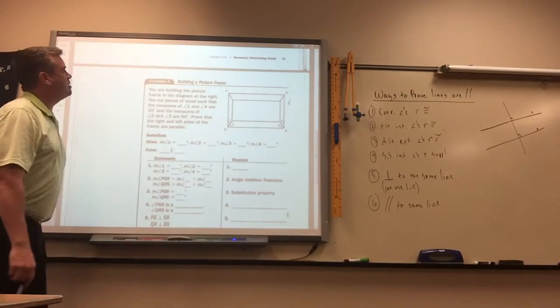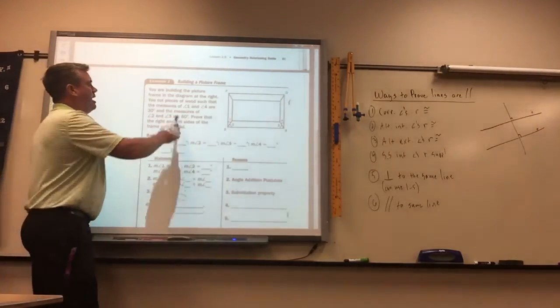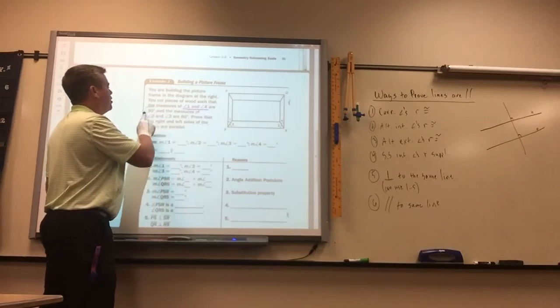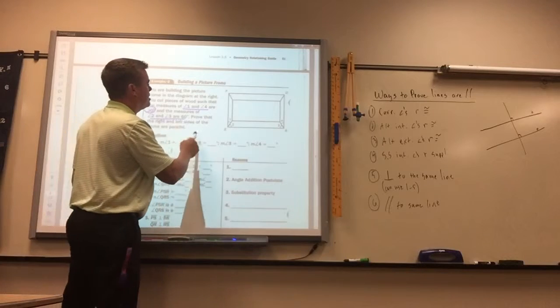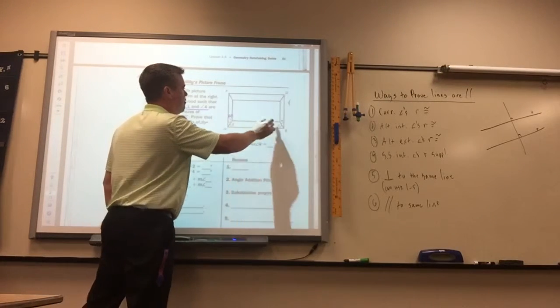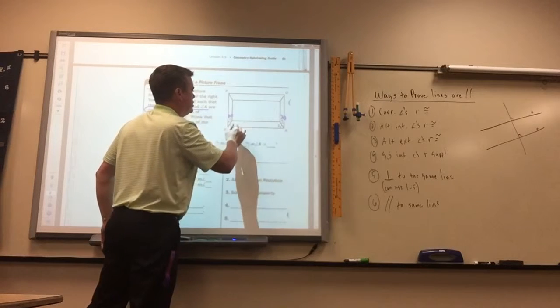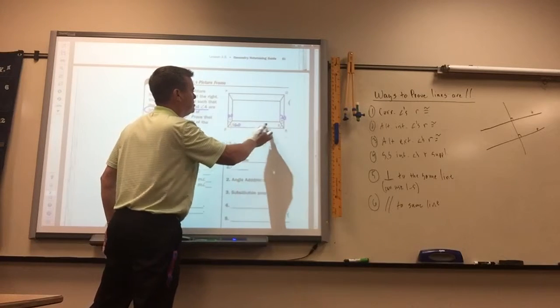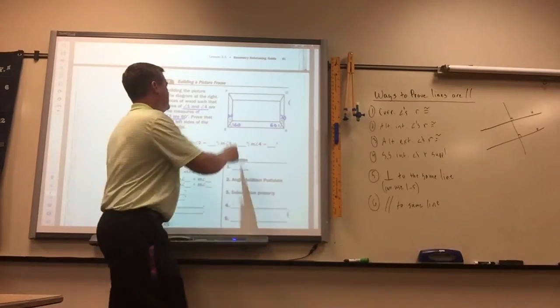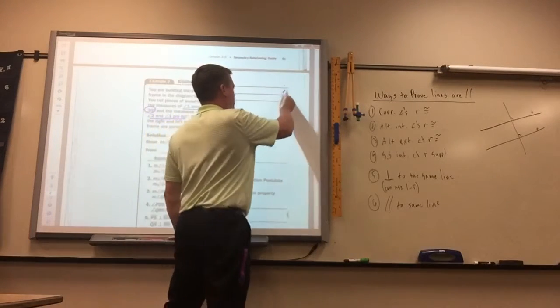In this one, you're building a picture frame. You cut the wood so that 1 and 4 are 30 and 2 and 3 are 60. So they're wondering, can we prove that the sides are parallel?